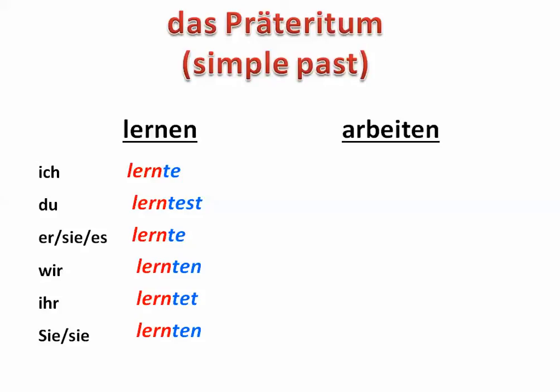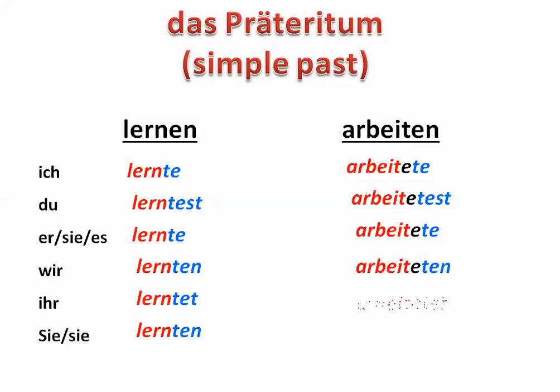Okay? Arbeiten, however, when you take the en off the infinitive, it ends in a t. When you take the en off and the root of the verb ends in a t or a d, you're going to have to add an extra e before you add all these endings. So for arbeiten, ich arbeitete, du arbeitetest, er arbeitete means worked.